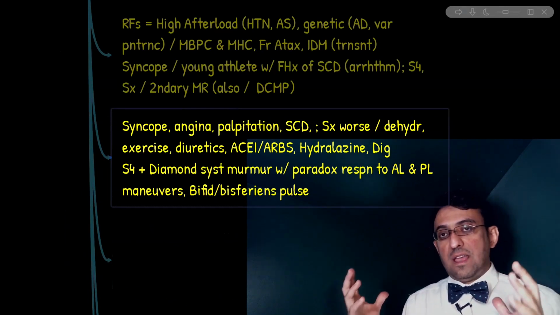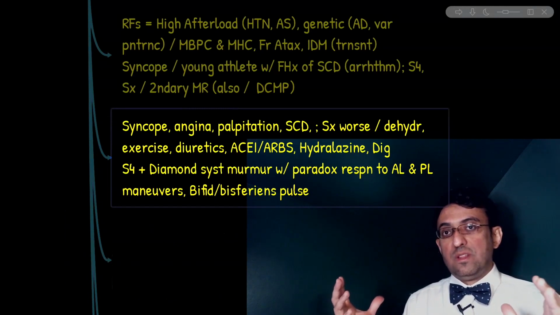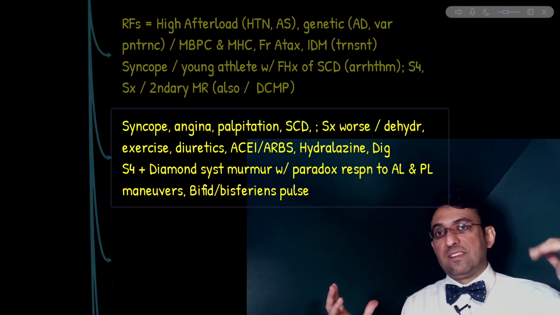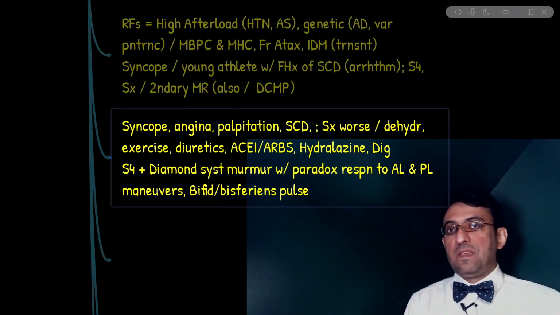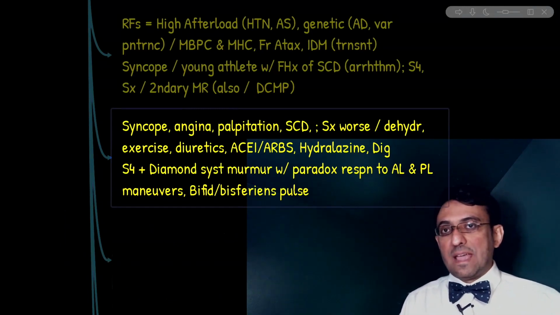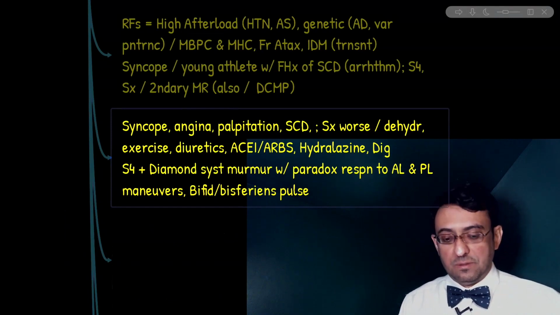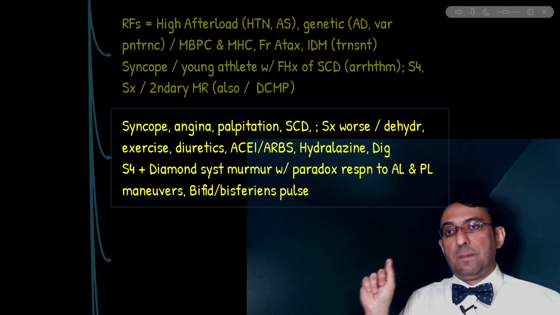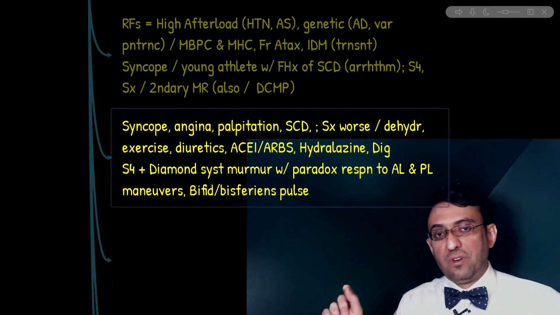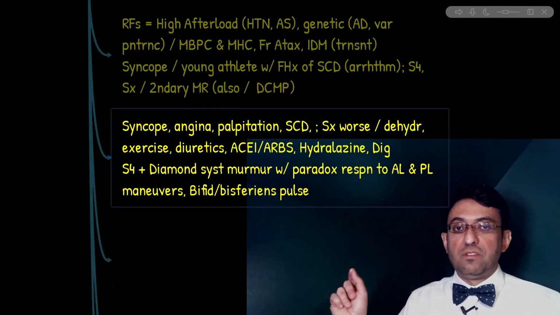By default, every heart murmur would increase intensity with increased afterload or increased preload and drop its intensity by dropping afterload and dropping preload. This single simple statement can help you answer several questions about the majority of the murmurs.